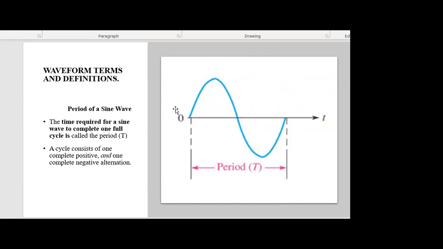So a full cycle is one complete positive and one complete negative alternation. So the period is the time required for a sine wave to complete one full cycle.